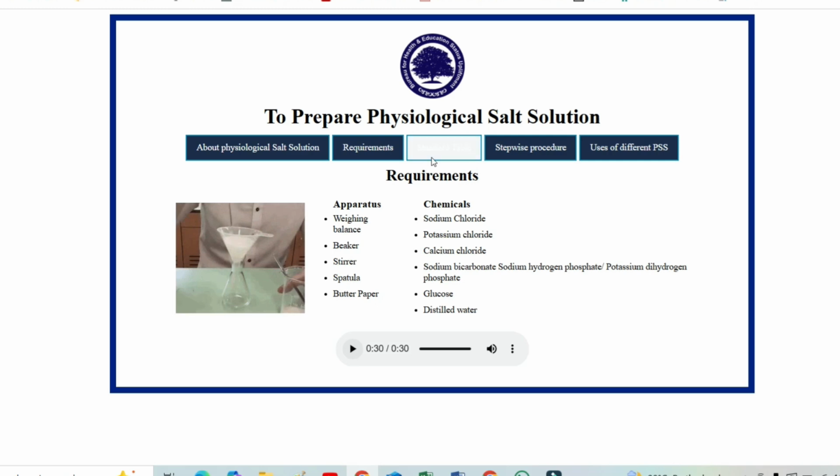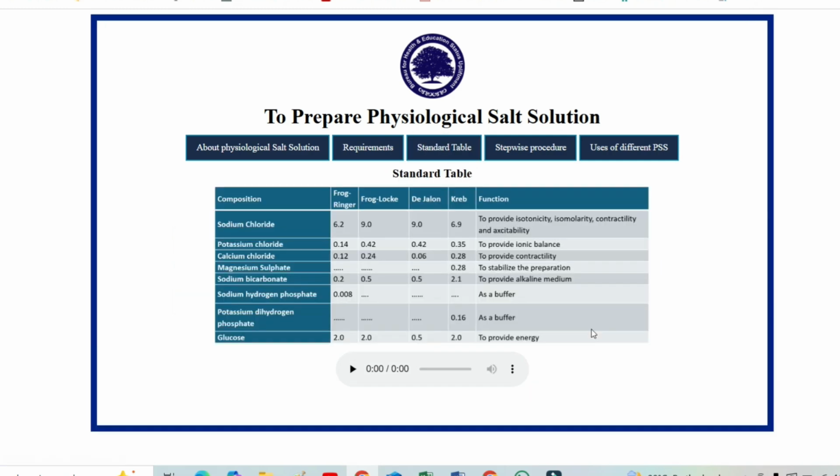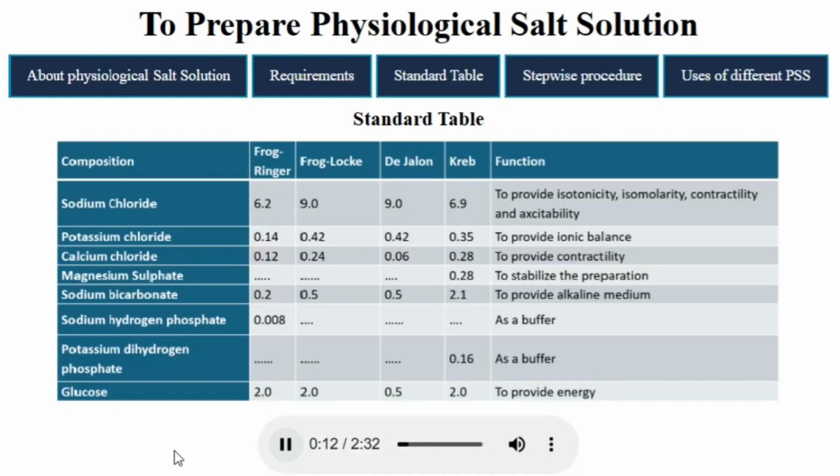Next we will see the standard table. We will go in detail. Standard table. Composition: sodium chloride. Frog Ringer 6.2. Frog Locke 9.0. De Jalon 9.0. Krebs 6.9.